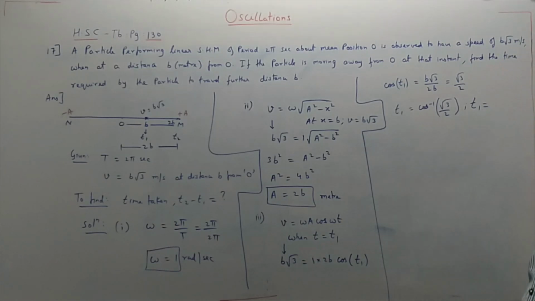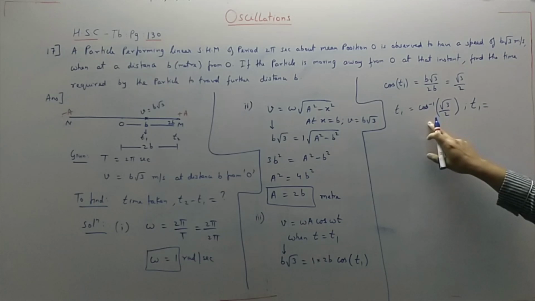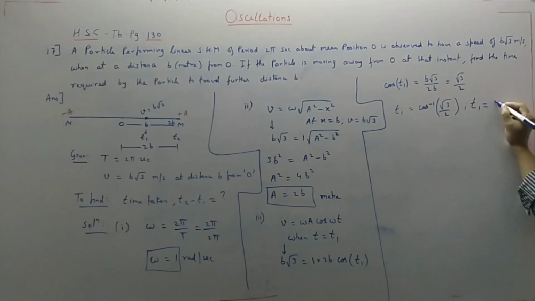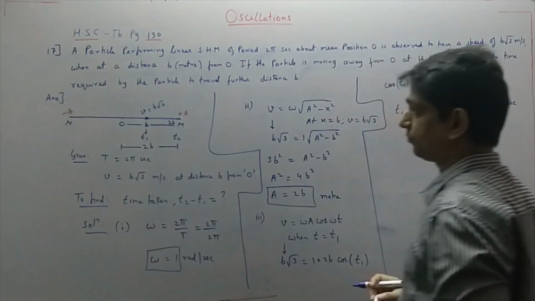Cos 30 is root 3 by 2, and 30 degrees is pi by 6, that is 180 upon 6. So t1 is pi by 6 seconds. It takes pi by 6 seconds for the particle to move from point O to point B.